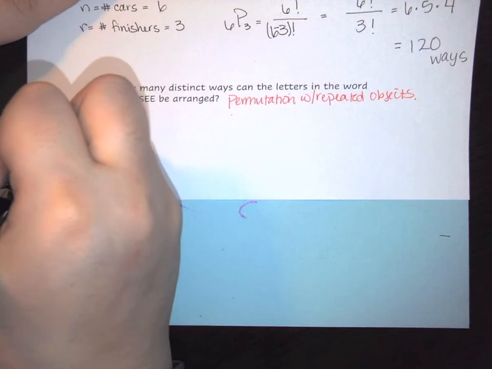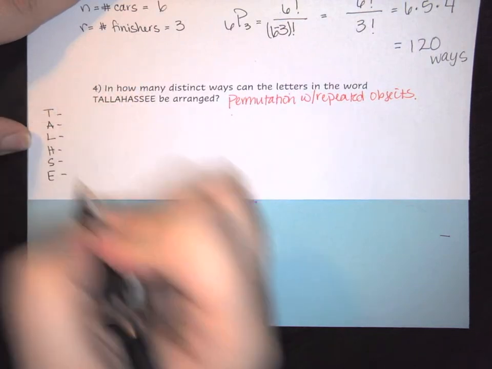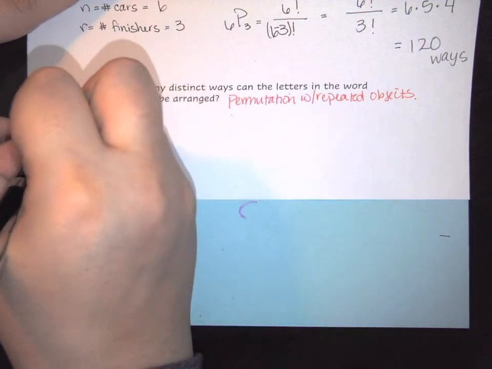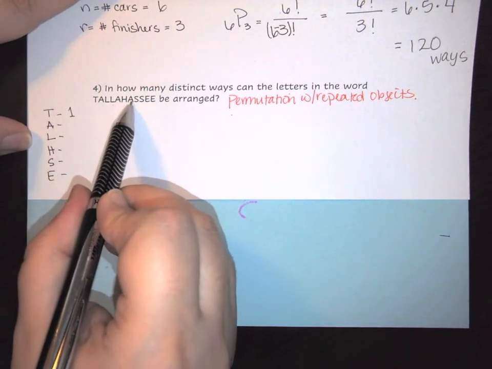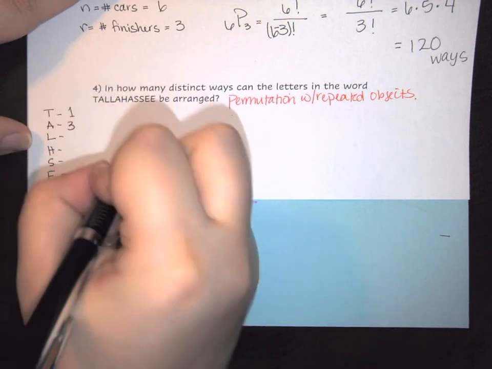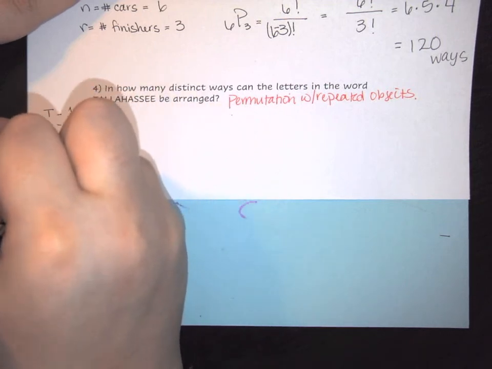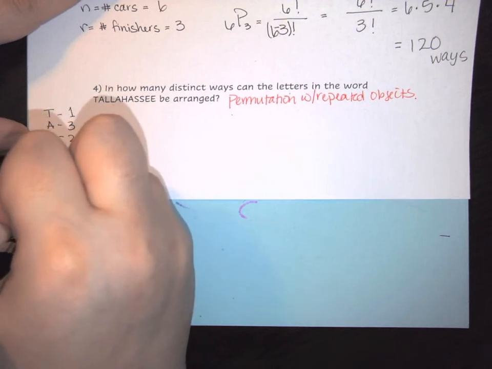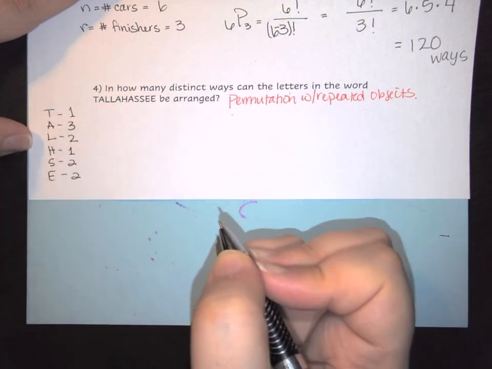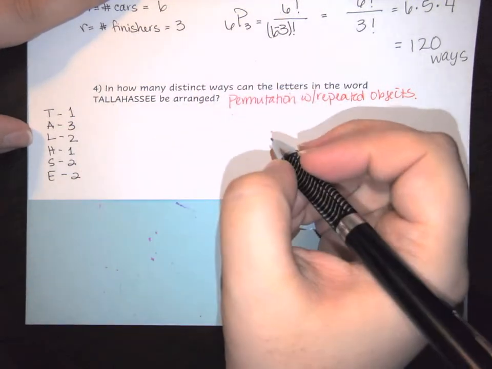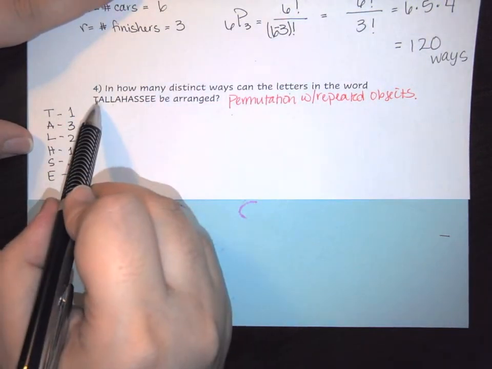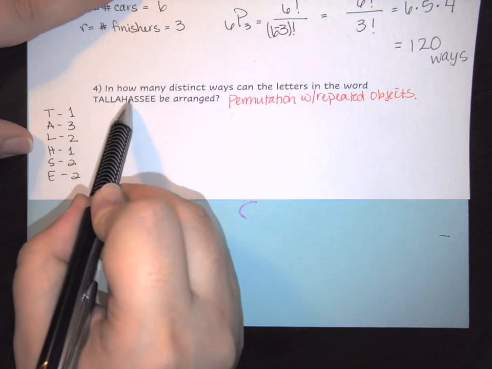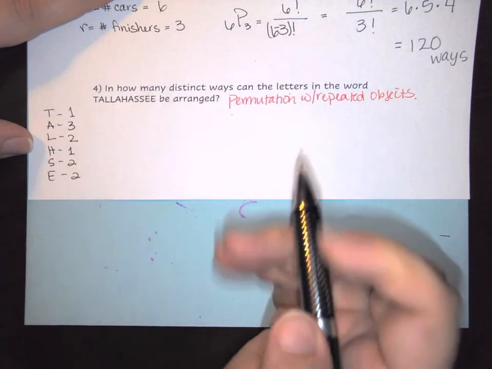So here I want to look at how many of each of these letters I have. For my T I have 1, for my A I have 1, 2, 3. For my L I have 2, my H has 1, my S has 2, and my E has 2. So what I have here is my n, which counts up 1, 2, 3, 4, 5, 6, 7, 8, 9, 10, 11.